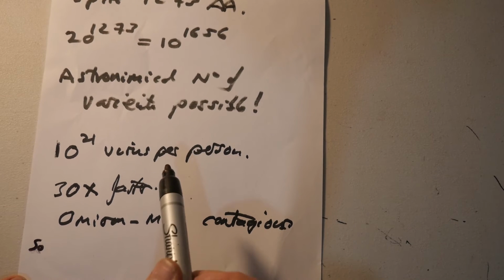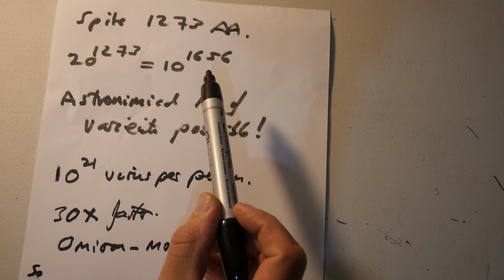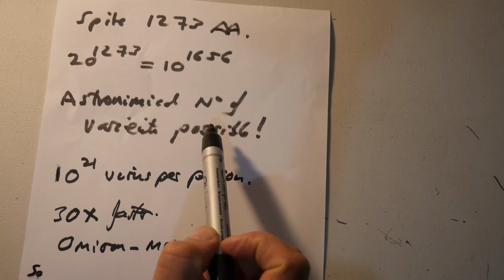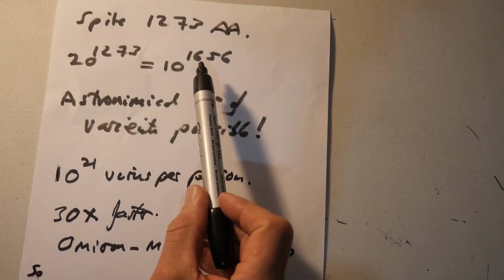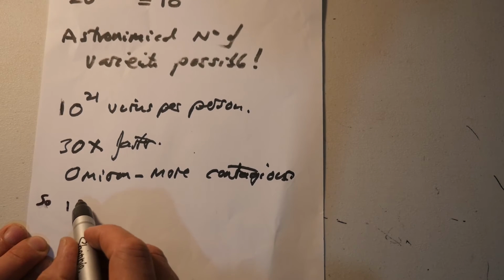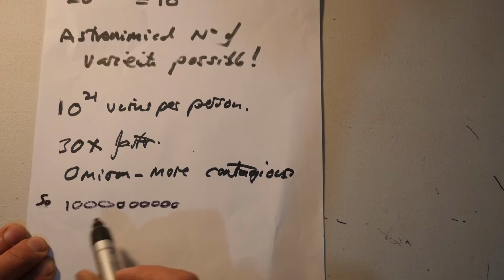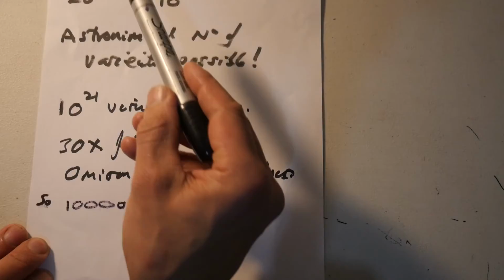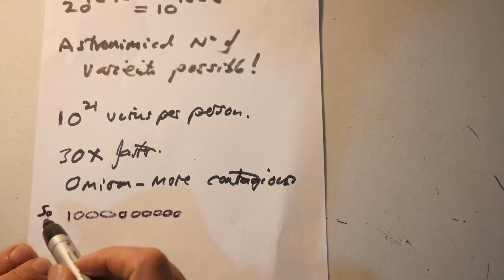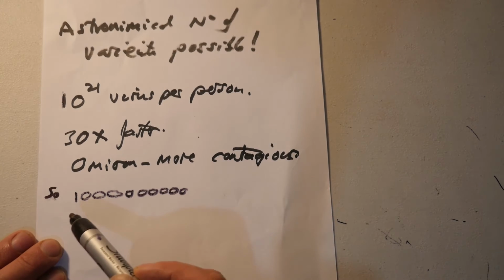So I was saying that the total number of spike varieties is 10 to the power of 1656, which is literally a 1 with 1,656 zeros. I'm not going to write them all out, but I said in the video, if you write the zeros out like this, about 49 across and about 34 down, it fills about 3/4 of a page.